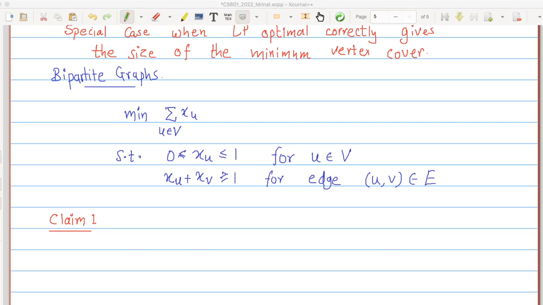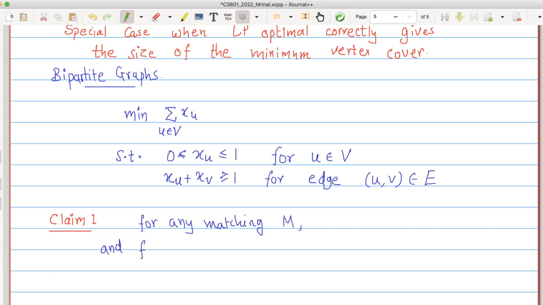Recall the connection of matching and vertex covers. You might remember that for any matching M, and for any vertex cover S, the size of S must be at least the size of M, right?